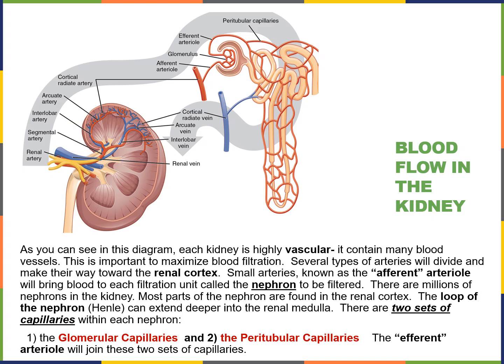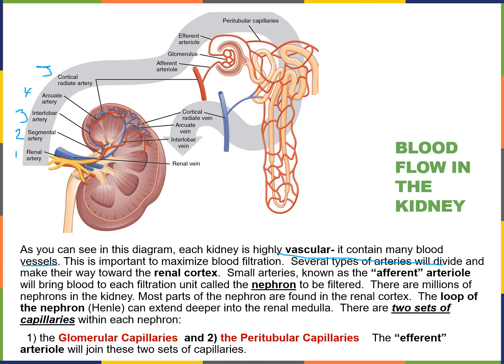So as you can see in this diagram, each kidney is highly vascular. It contains many blood vessels. And so the renal artery branches to give segmental artery, which then branches to give interlobar artery, which then branches to give the arcuate artery, and then the cortical radiate artery, because those are in the cortex, the outermost region here.